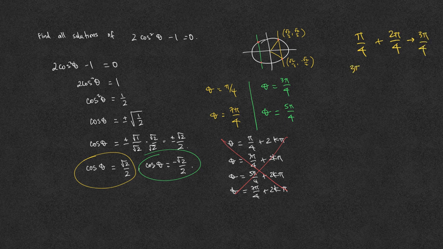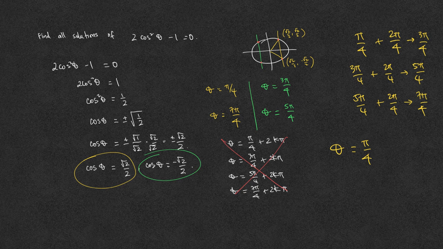If we take 3 pi over 4 and add another 2 pi over 4, we will get 5 pi over 4. If we take 5 pi over 4 and add another 2 pi over 4, we will get 7 pi over 4. So we simply add or subtract 2 pi over 4 to obtain the next solution from the initial solution pi over 4.